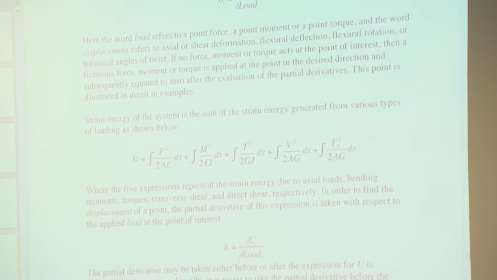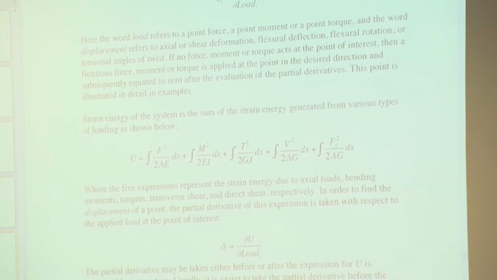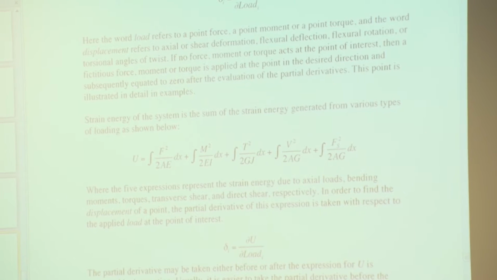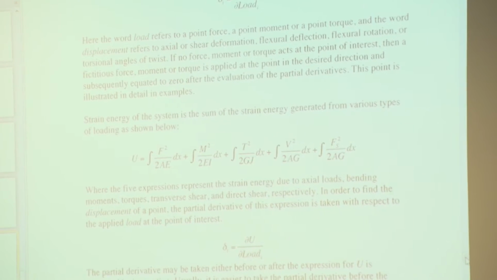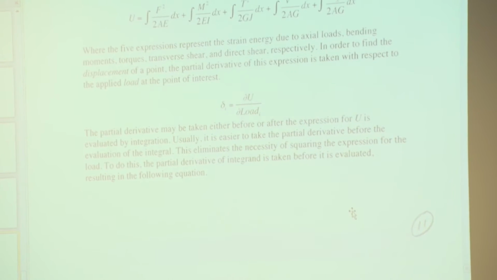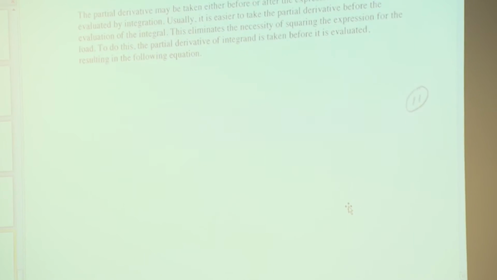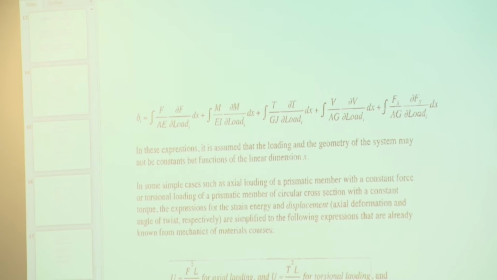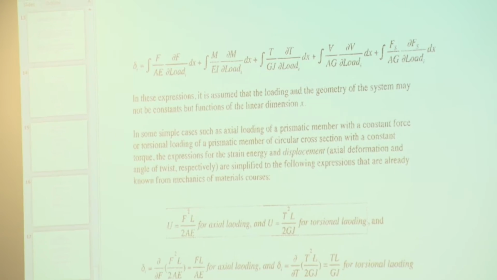So you have to do that squaring first, then find U, and then take the partial. This way you eliminate the need for squaring the moment or torque or axial load, whatever else it may be.